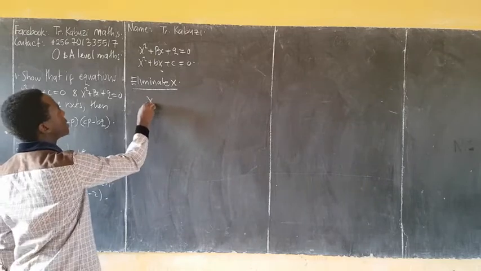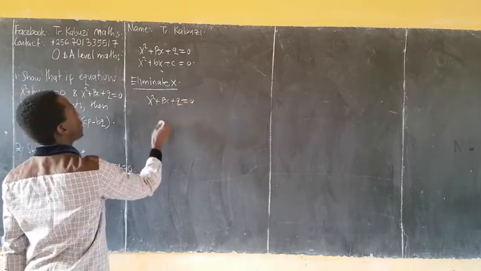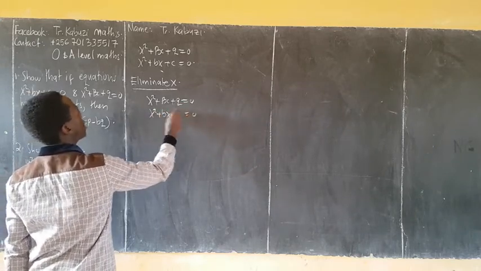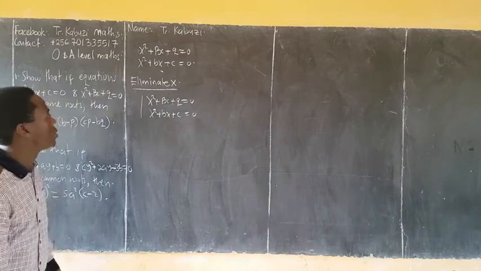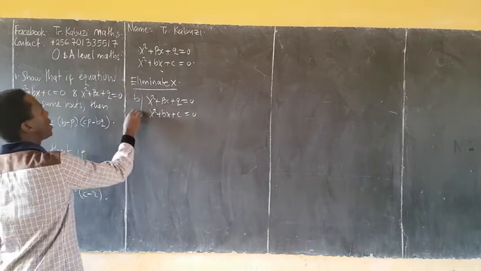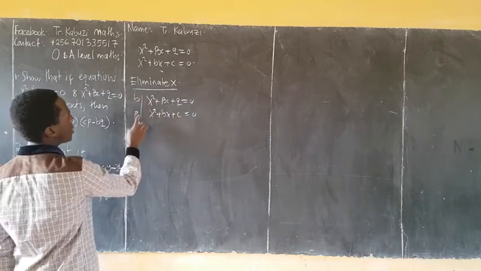So meaning what I'm going to do, I'm going to multiply here by b and here by p. This one here and this one here.